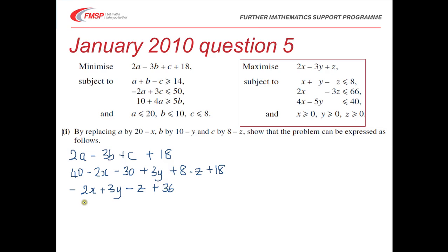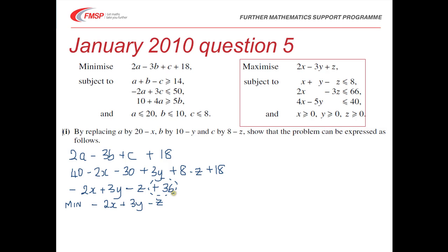Now we have got to minimize that expression, and of course basically therefore we have got to minimize minus 2x plus 3y minus z. This 36 will really have no effect. So effectively we're minimizing this, because this 36 is constant.